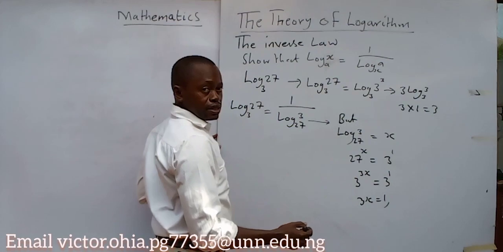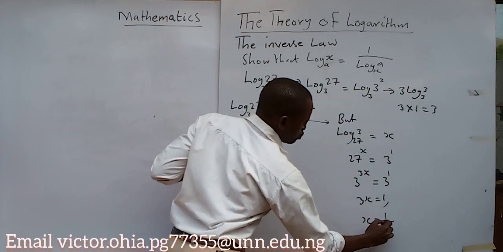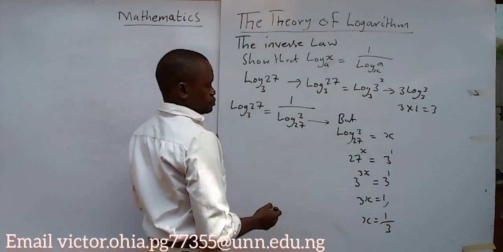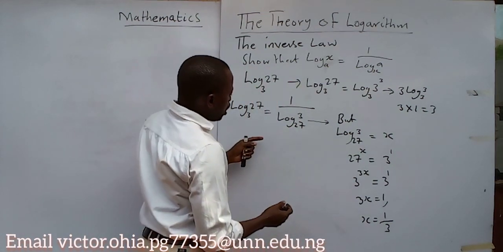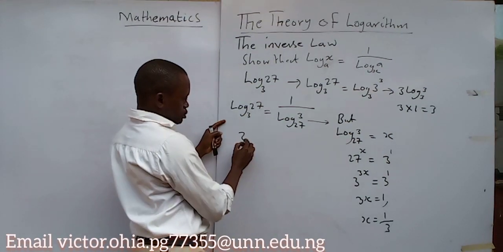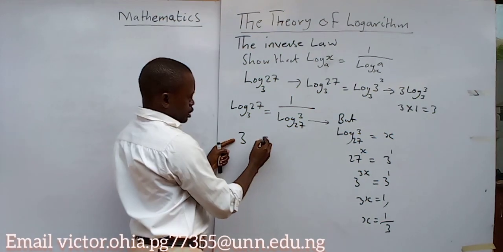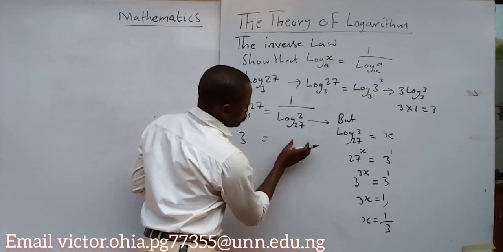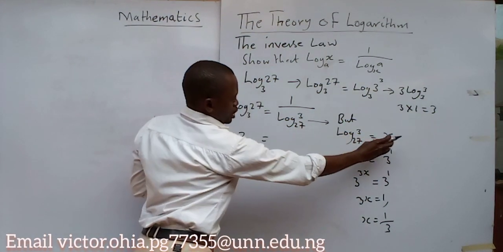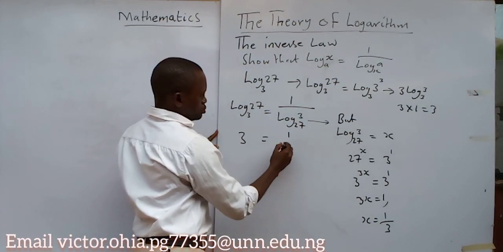Divide both sides by 3, and you are going to have x equals 1 over 3. Wow! It then means that, we have shown that this one is 3, and this one, which is x, we can bring here and say 1 over 3.